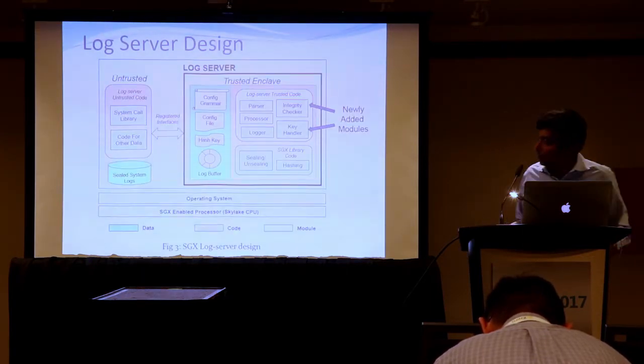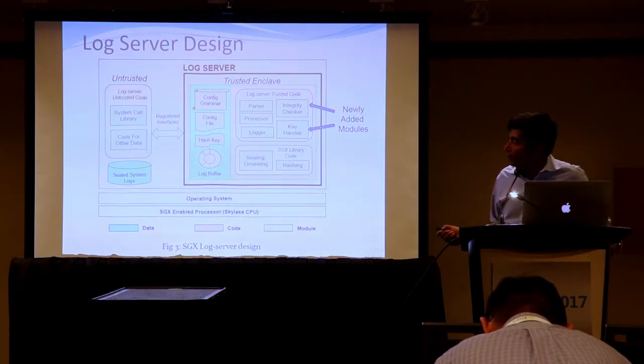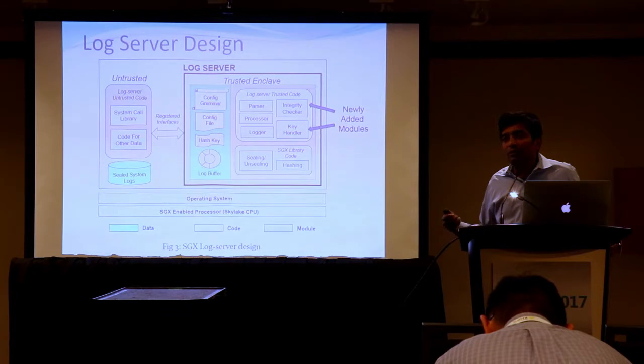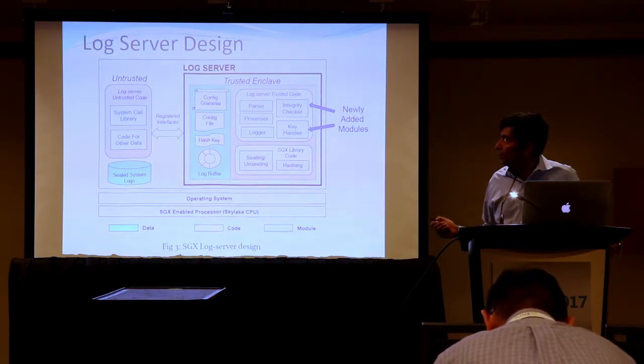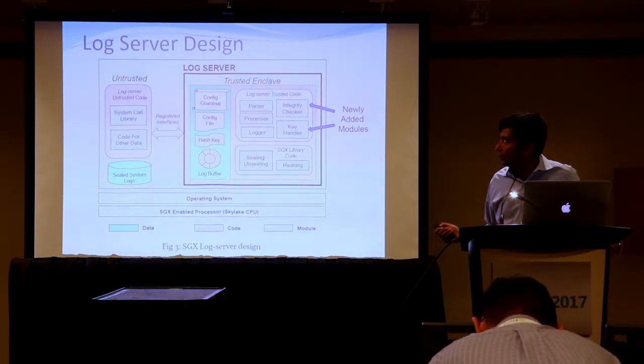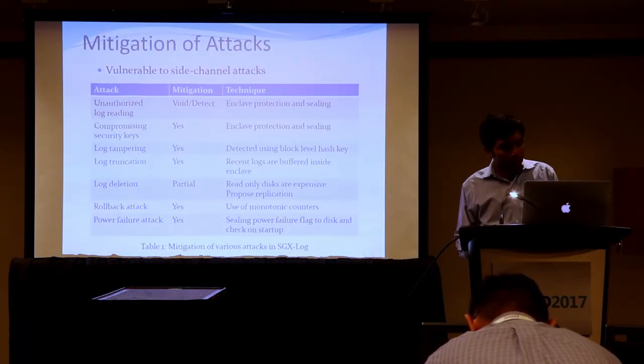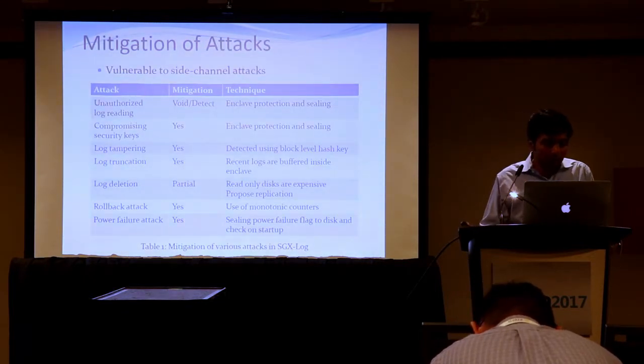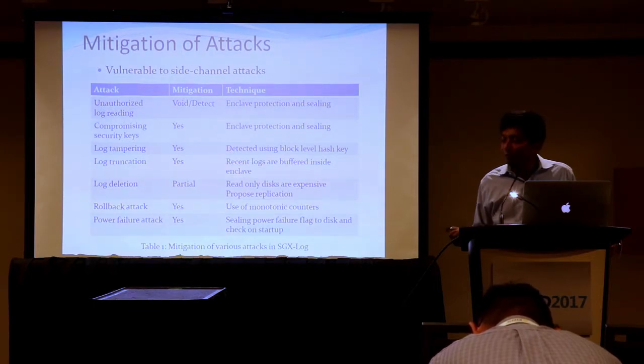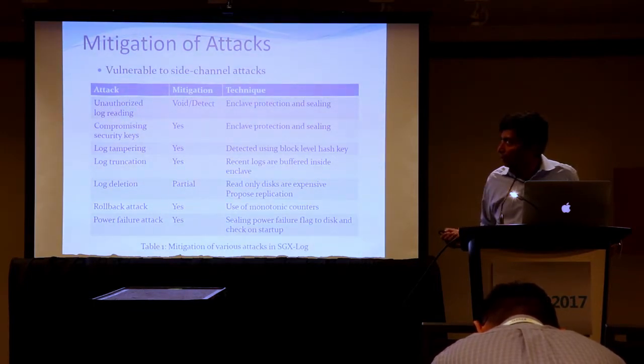So, there will be a trusted part and an untrusted part. The trusted part will have the trusted code and the trusted data, in the trusted enclave area. You will maintain the configuration file and the log buffer, and these are the modules the authors implemented. The untrusted part will have the other components. The authors show that various attacks are possible.